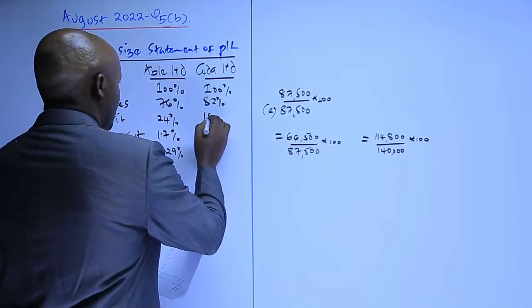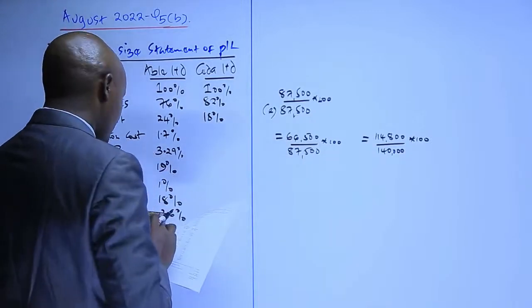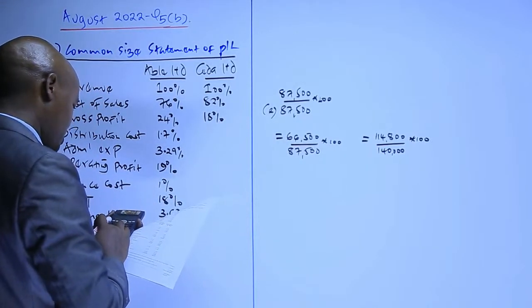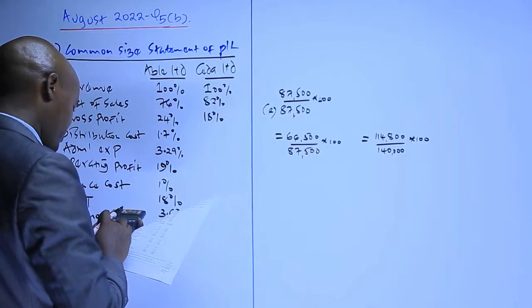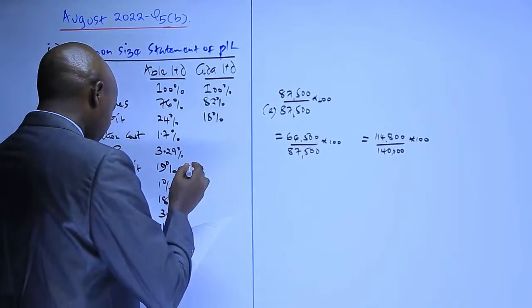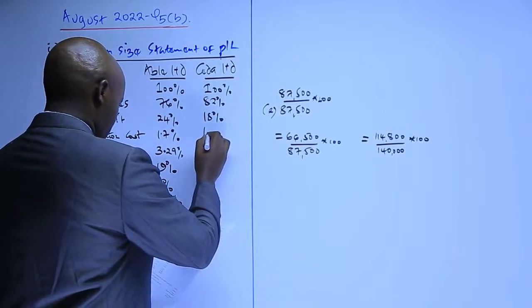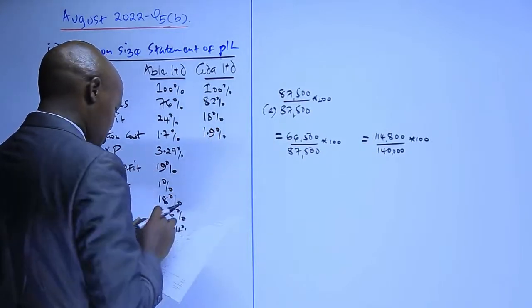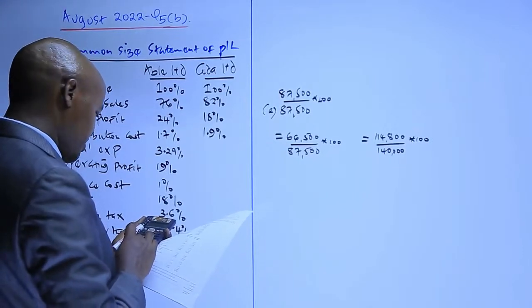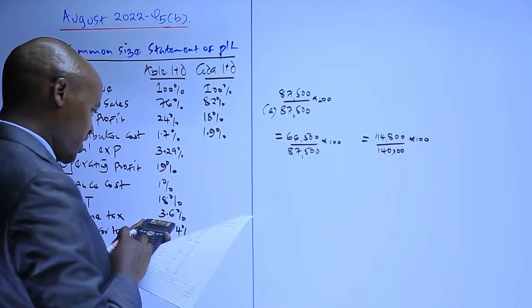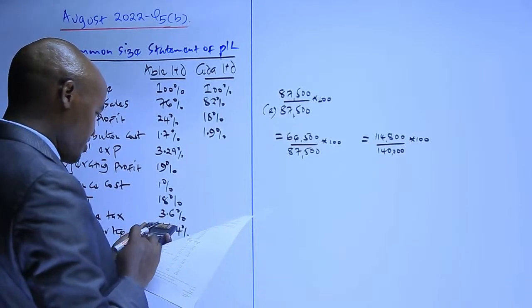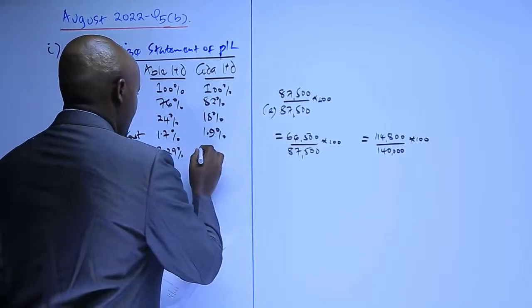This will give us 18%. Then we have the distribution, which is 2,710 divided by 140,000 times 100, which will give us 1.9%.